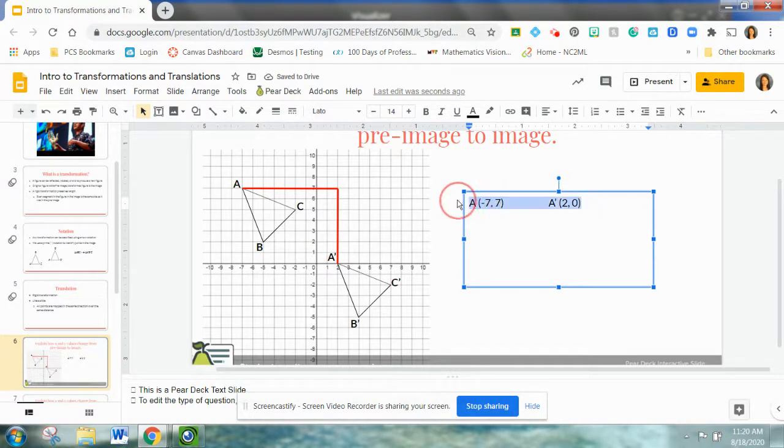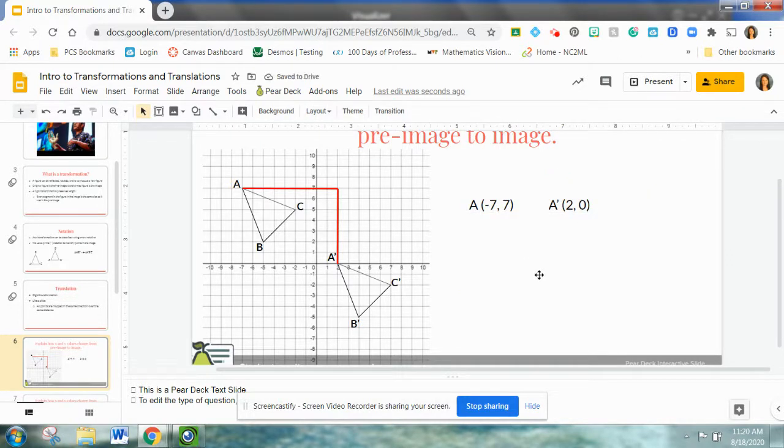So our goal is to determine what I can do mathematically to get from -7 to 2 and from 7 to 0. And I'm going to use these red lines that I've created to help our brains.